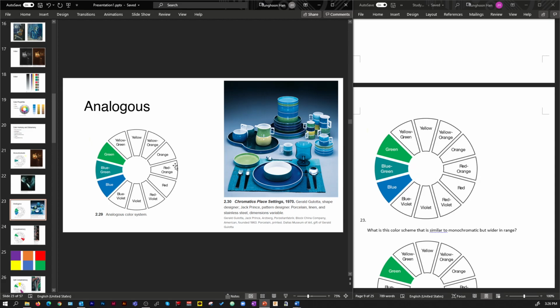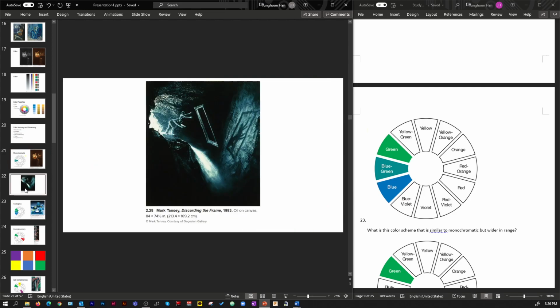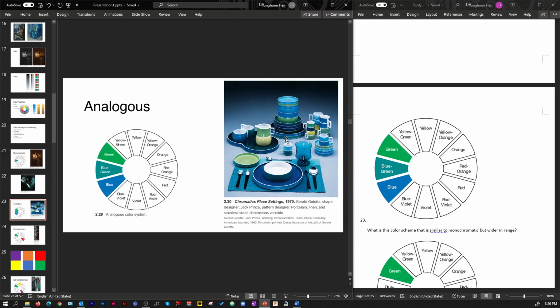If you use analogous or monochromatic, what you can achieve is a strong unity within your composition, as you can see here and here and also here. But in analogous, even though the feeling of unity is preserved, you can use it to create highlights here and there, just to make things more playful and interesting.